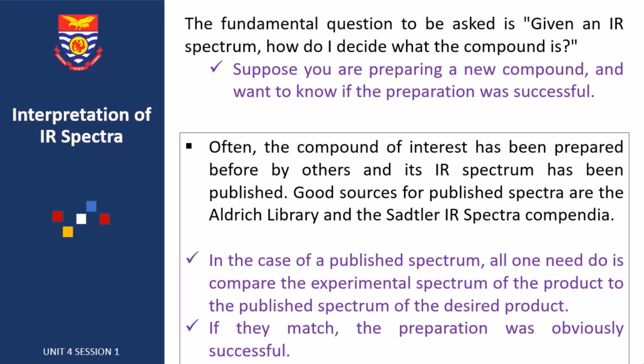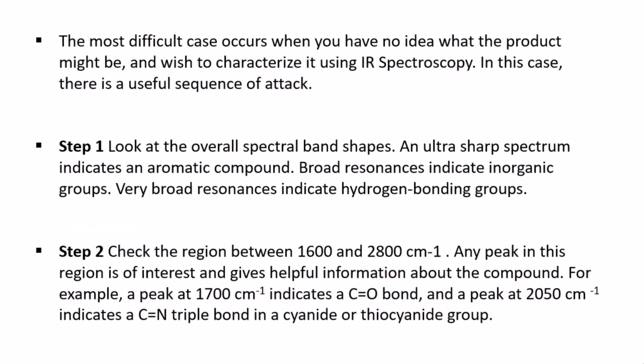Then what you do is compare your spectrum with the literature spectrum to see how successful you've been. However, in the case where you do not know the structure of the compound and you want to characterize it using IR spectroscopy, then it makes it difficult, right?